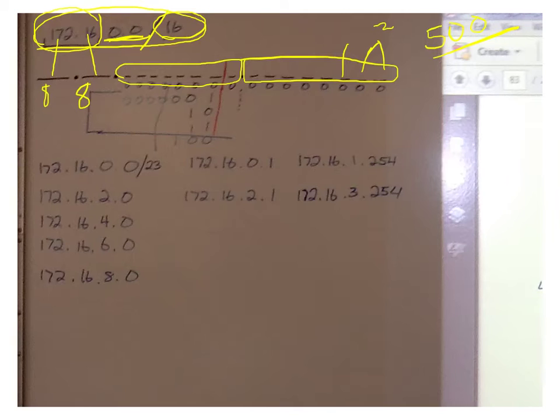And then you can just keep working your way up. 16 total, that would be 14 hosts. 32 total, 30 hosts. 64 total, 62 hosts. 128 total, 126 hosts. 256 total, 254 hosts, 512 total, 510 hosts.